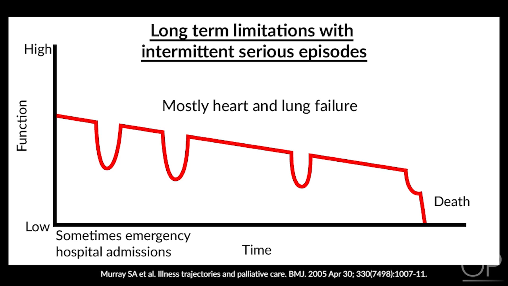The second trajectory is a trajectory with a gradual and certain decline, punctuated by periods where acute illness leads to an exacerbation of symptoms and a deterioration of clinical status. In recovery, the previous level of function and the previous health status may be reachieved or may not, but it is all part of a decline.